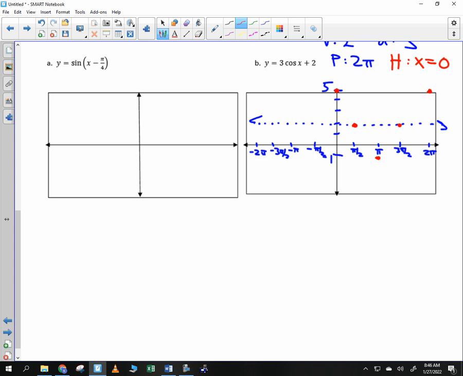Notice if we continue that same kind of pattern on the other side, notice what we get. I could draw my graph.